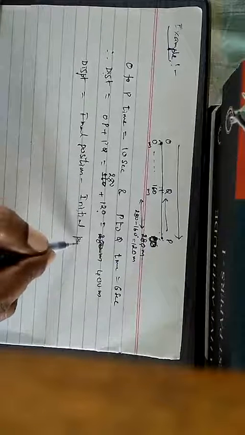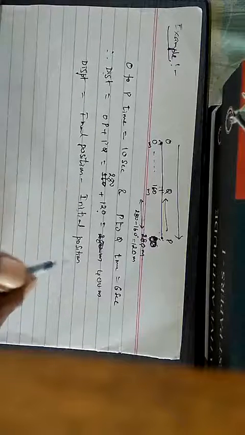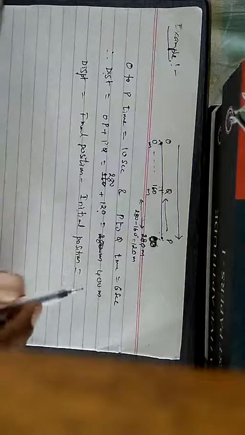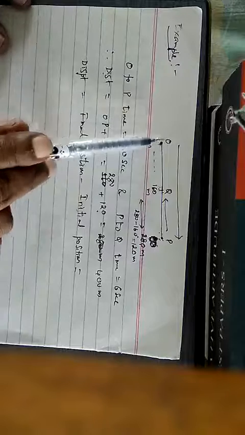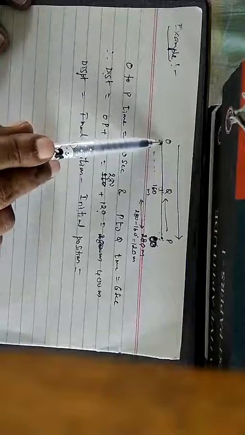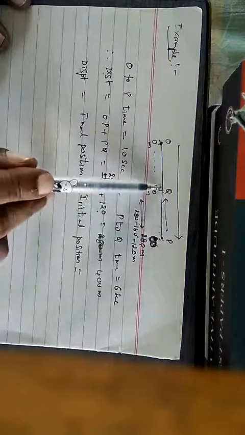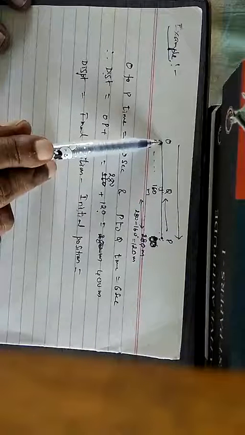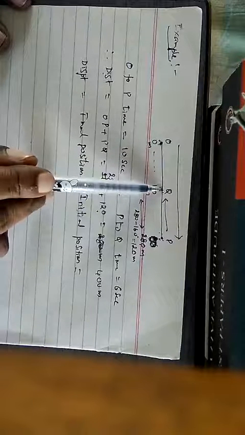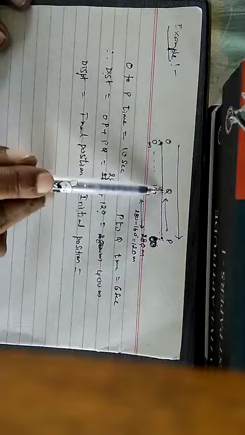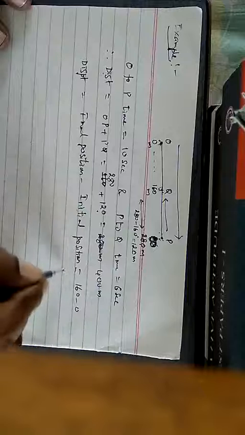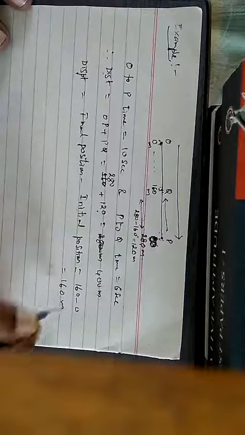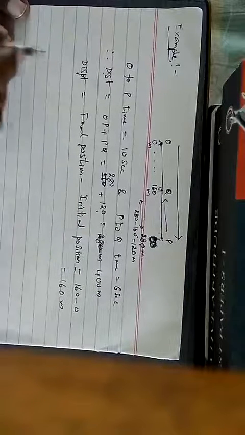Final position is Q, initial position is O, 0. It starts from O, goes to P and comes to Q. The difference in these two positions is 160 minus 0, which is 160 meter. So this is the displacement.